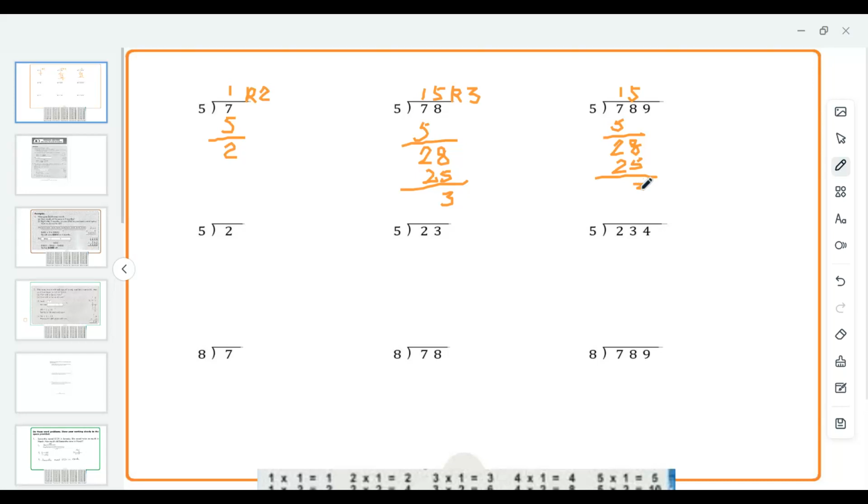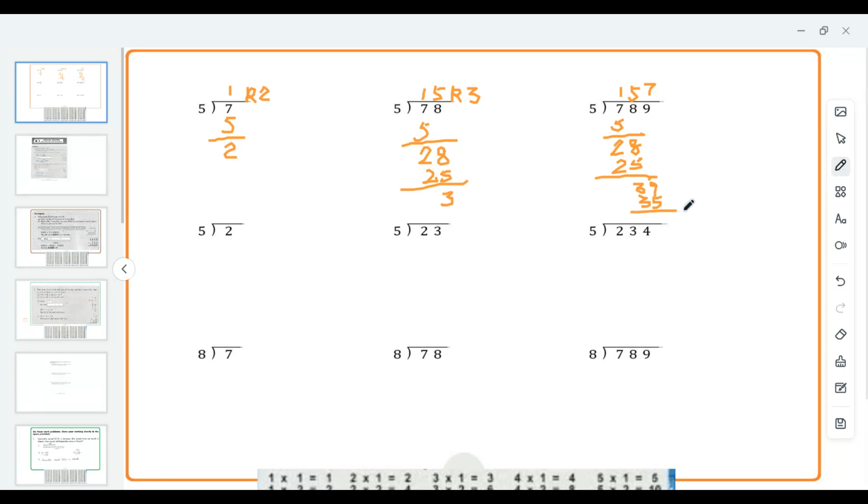3 is too small for a 5, so 9 comes down. There are 7 5s in 39. So 5 7 equals 35.